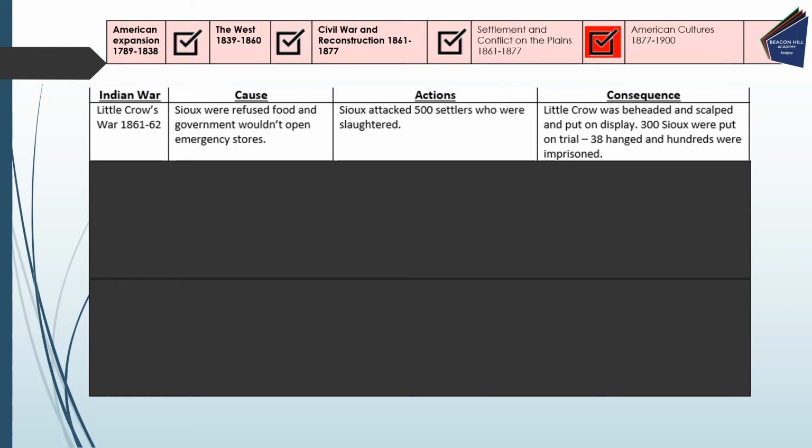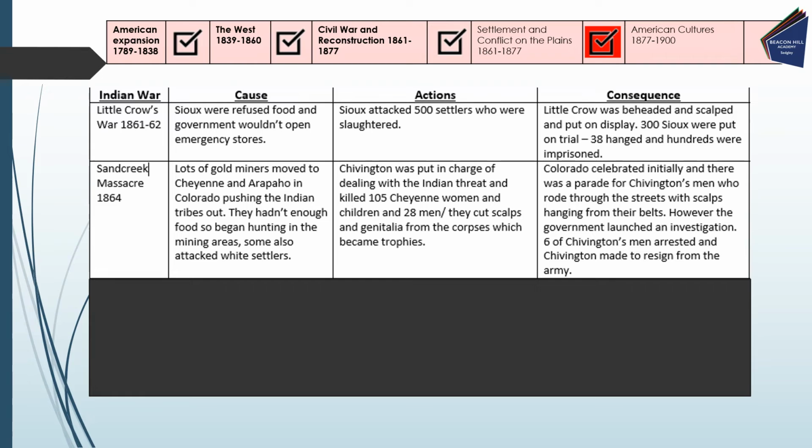We then have the Sand Creek Massacre in 1864. We had lots of gold miners who were moving to Cheyenne and Arapahoe land in Colorado, and they were pushing the Indian tribes out as a result of this. They didn't have enough food, so they began hunting in the mining areas, and some also attacked white settlers. So this is in relation to the fact that Indian land again is being encroached upon, and therefore we have a violent reaction from the tribe.